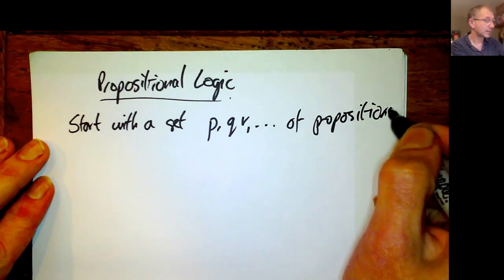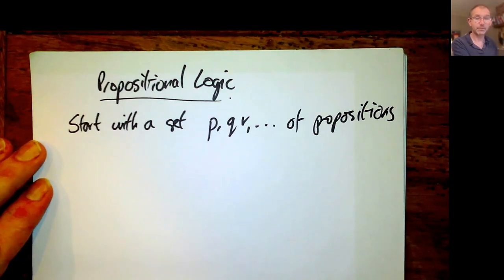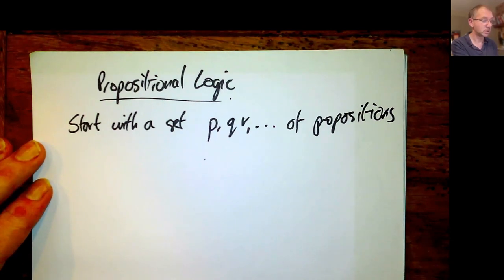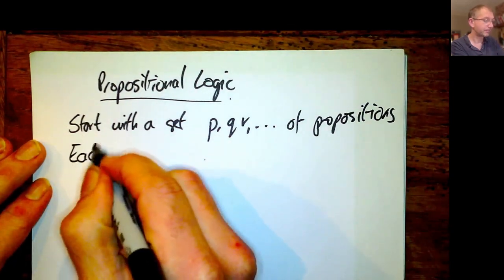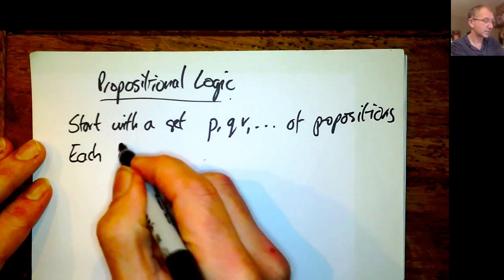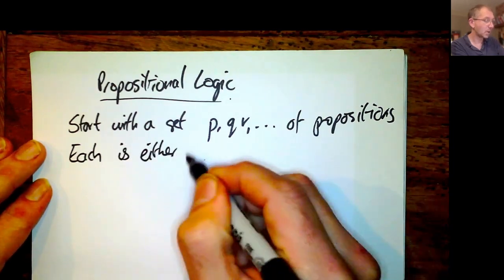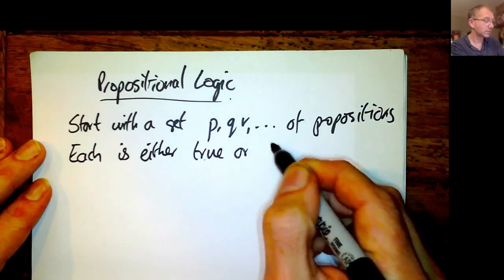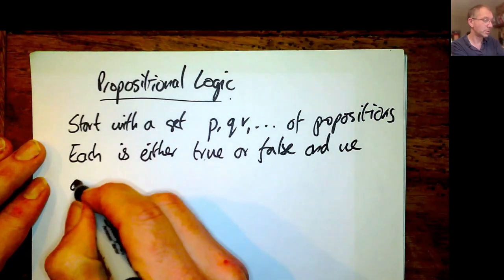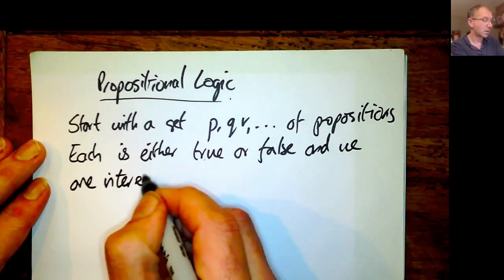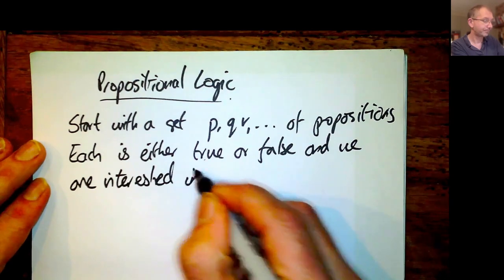And we can use these to represent statements in mathematics or statements in just plain English. But the main point about them is that they are either true or false. There's no other possibility. So each is either true or false, and we are interested in how to combine them.